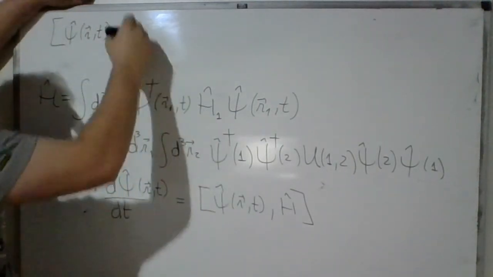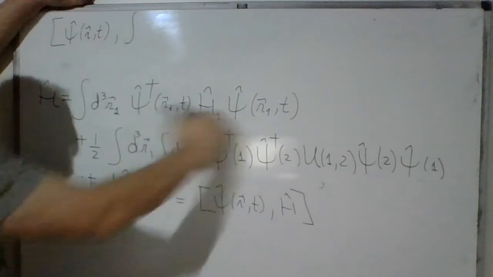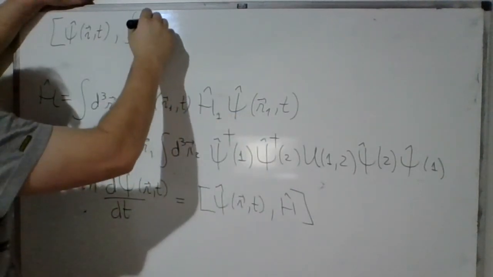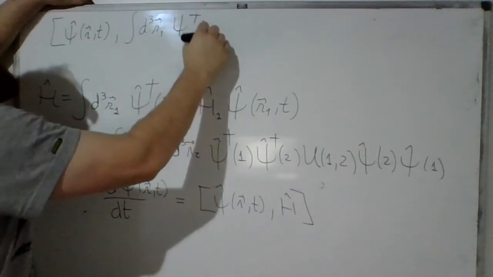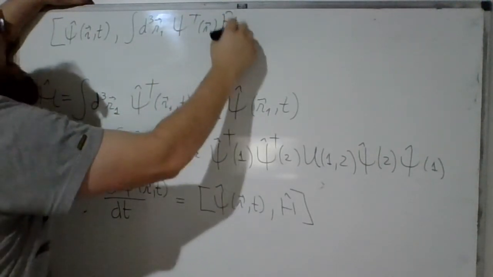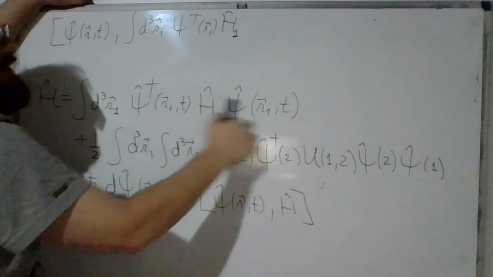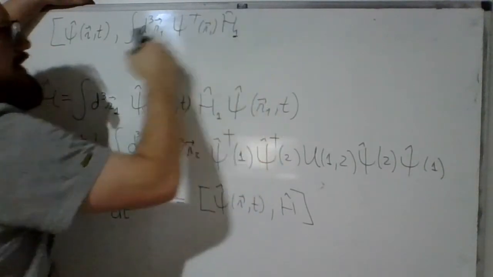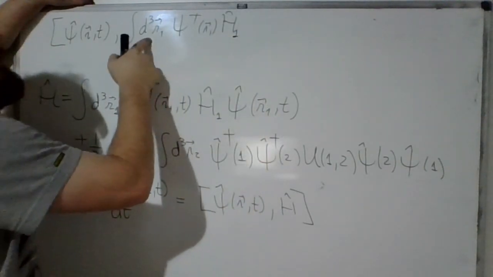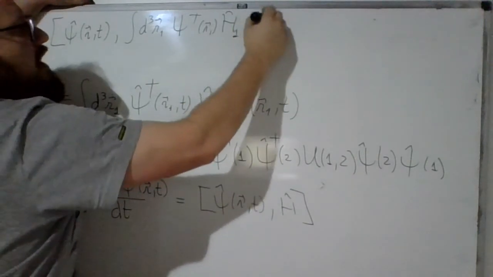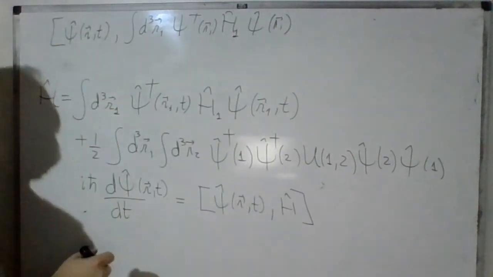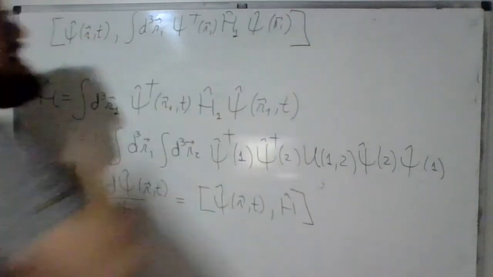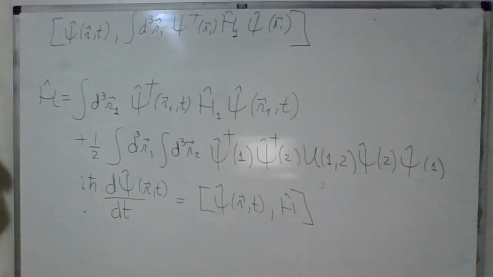So the commutator includes, for this term here, d3 of r1, psi dagger of r1. This h1 acts on the position r1, and it is being integrated over r1, psi of r1, okay, and we need to commutate this object.